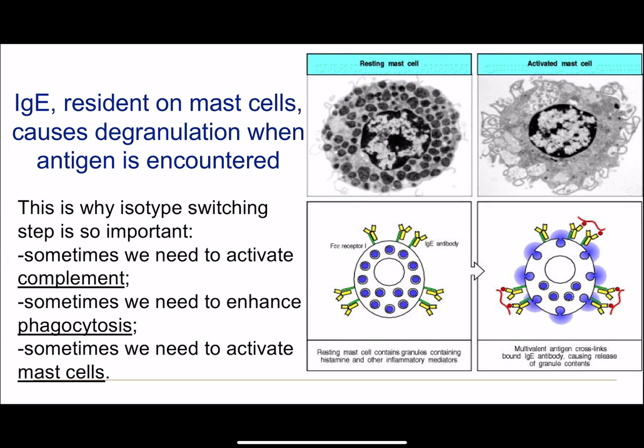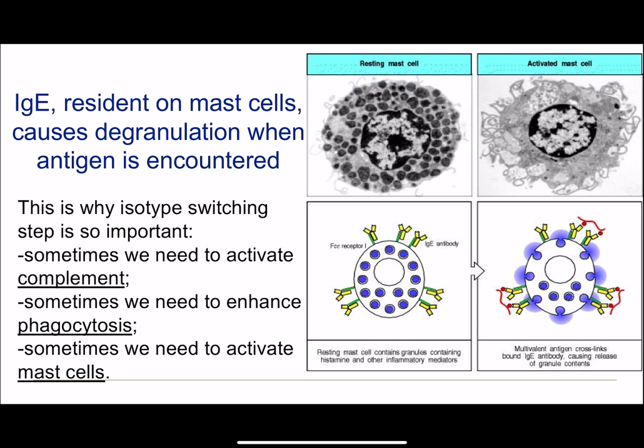IgE, the Fc portion binds to Fc receptors on mast cells, so they cause degranulation of mast cells, which we'll talk about in a little bit as a manifestation of allergies.